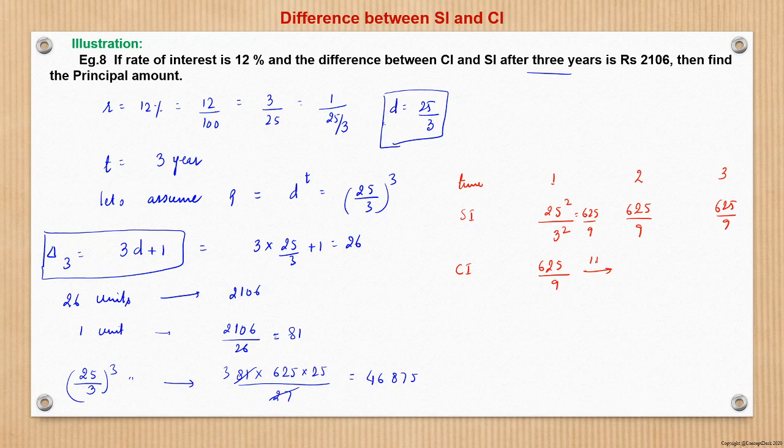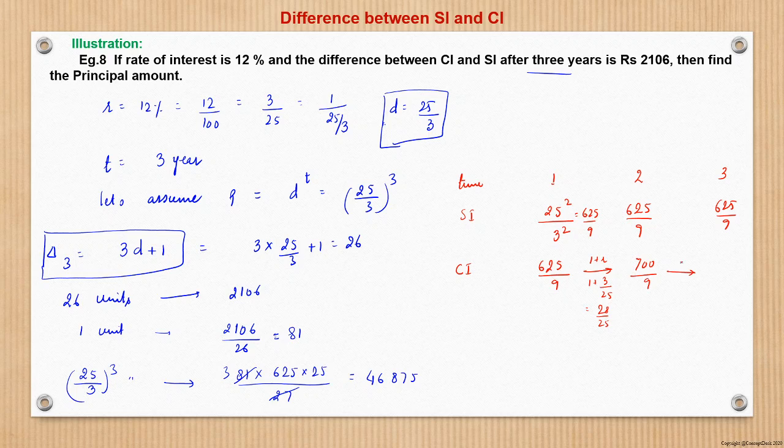Why? Because this is 1 plus R, that is 1 plus 3 by 25, which is 28 by 25. So 28 into 625 divided by 25 by 9 is 700 by 9.